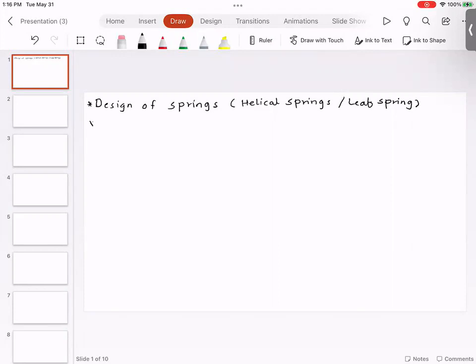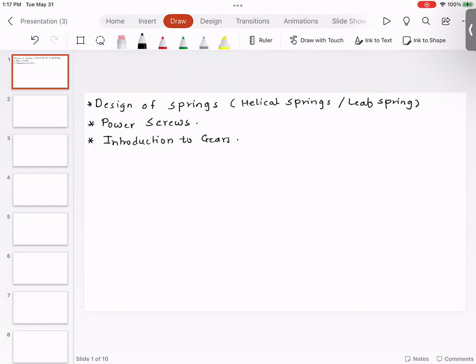So the next topic that I'm going to discuss today is power screws. And the topic after that is I'm going to start the introduction to gears.